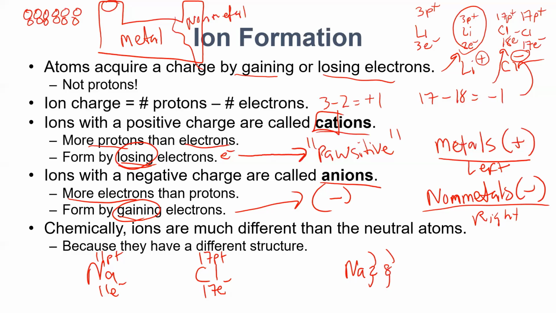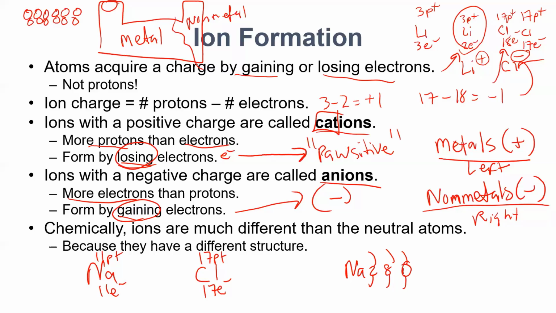The next 8 are in the second. And then in the third, that's why it's in the third row, the third period. In the third energy level, it has 1 valence electron, right? Because 2 plus 8 plus 1 is 11. So in that third period, it's in the first group, group 1A, it has 1 valence electron.